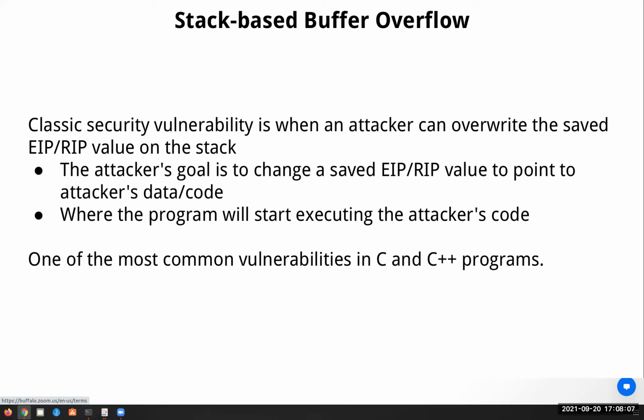So when the program returns, it will not return to where it was called from. Instead, it will return to the attacker's code. There are several steps in this attack. Today, we're not focusing on the code injection part. We will only focus on how to overflow the return address.